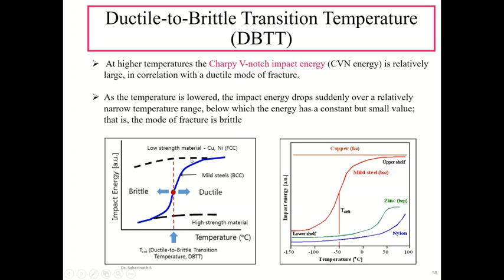So these low strength materials retain their impact energy and will not undergo a ductile to brittle transition with the decrease in temperature. And high strength materials, such as high strength steels, are very brittle, and this is reflected by their impact energy. You can see this impact energy is very small.